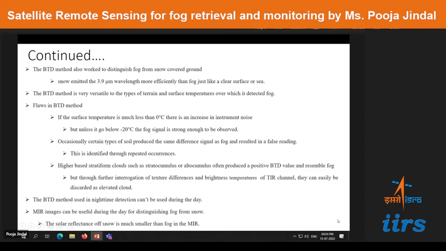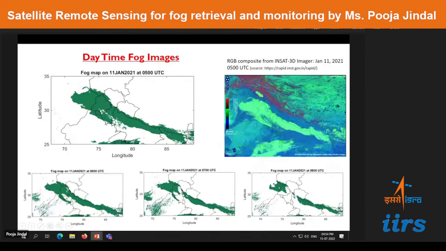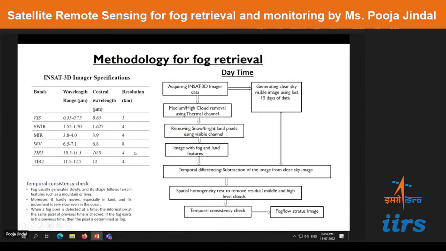Then, the BTD method used in the night time cannot be used during the daytime. Why? Thermal channel data as well as mid-IR channel data would be available during the daytime also, but we cannot use the same method. Because at 3.9 micrometer wavelength, we also have the radiations from the sun.